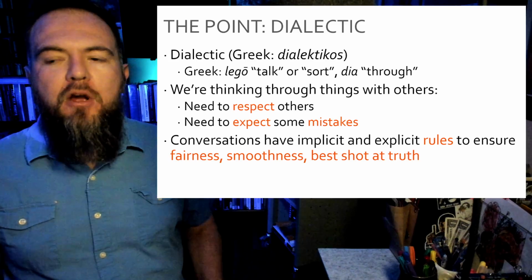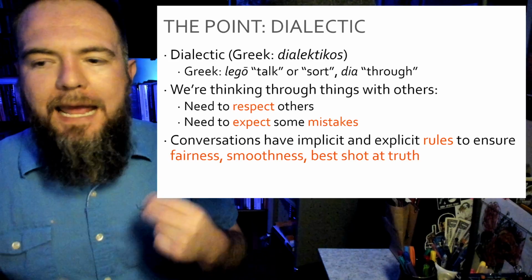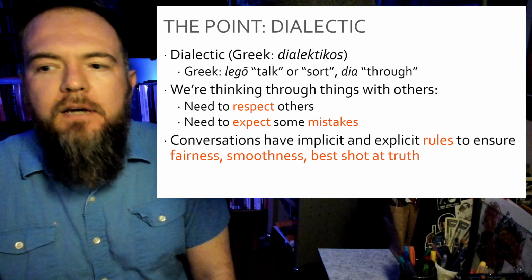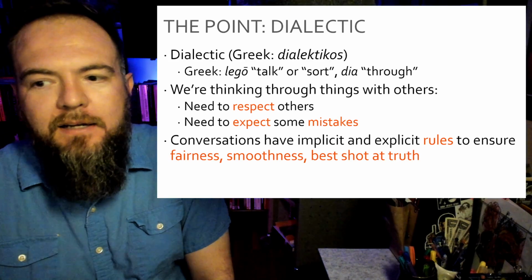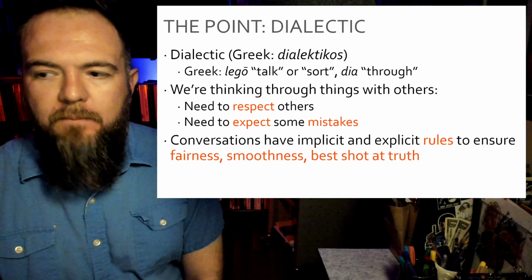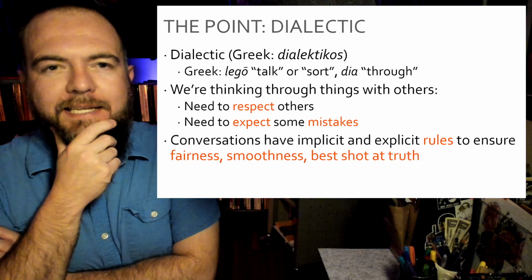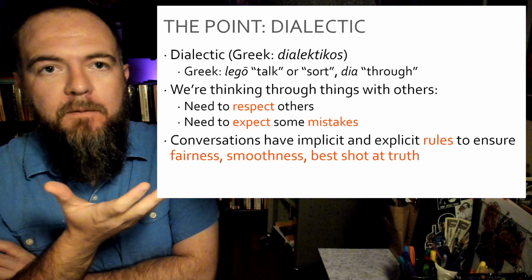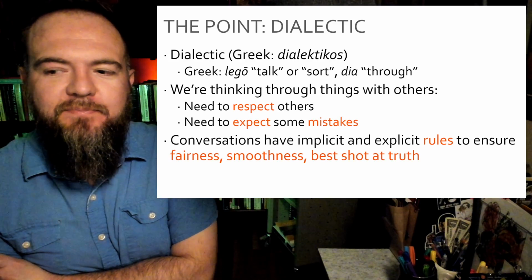That's not what I'm talking about. We're using language, we're using our reasons to sort through good and bad ideas. And again, whenever we're talking, we're probably talking with other people. And given that we have other people that we're talking and thinking through, we need to keep in mind that we need to respect other people, and we should probably also expect some mistakes, right?